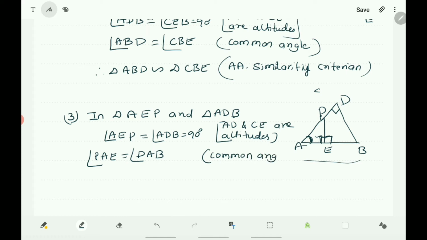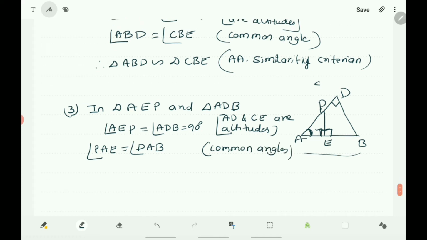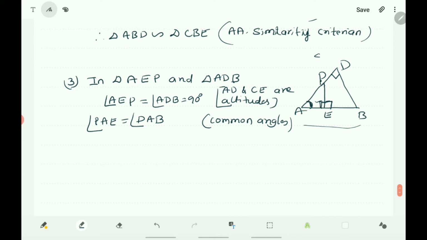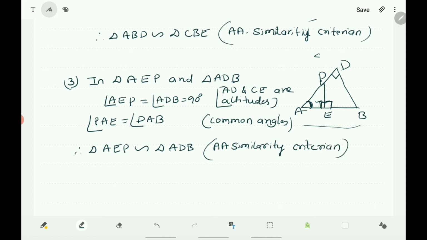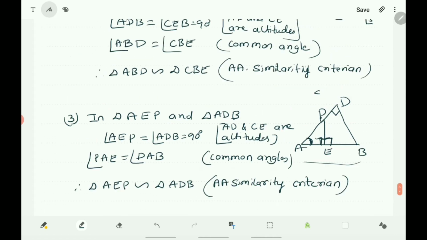Again by using the AA similarity criterion, therefore triangle AEP is similar to triangle ADB.